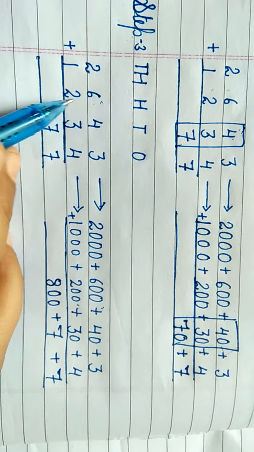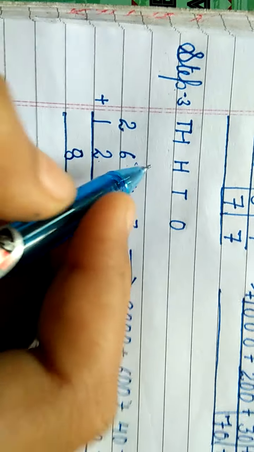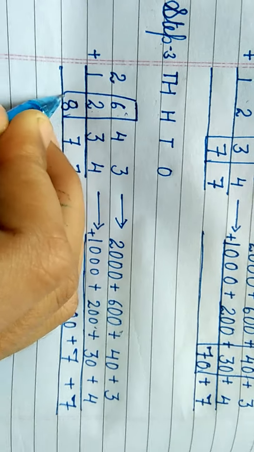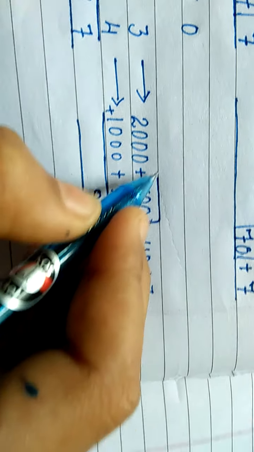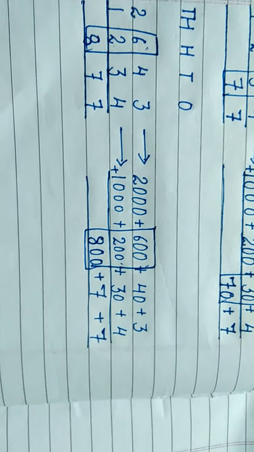And here also add the hundreds place. 6 plus 2 is equal to 8. And highlight it, this and this. Okay.